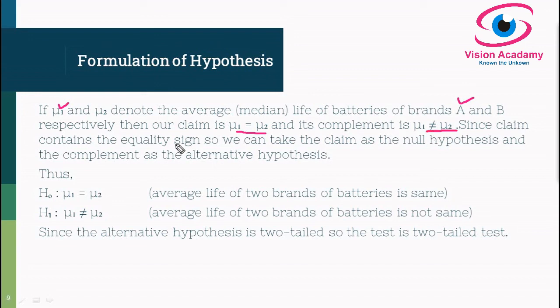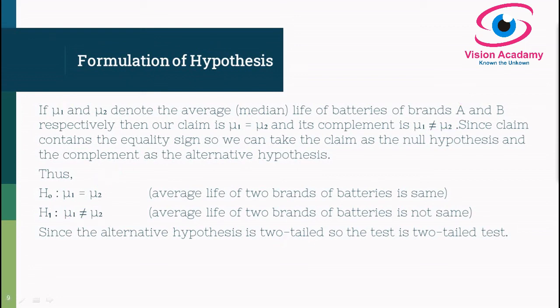Since the claim contains the equality sign, we take the claim as the null hypothesis and the complement as the alternative hypothesis. So the null hypothesis is mu1 equals mu2, which means the average life of the two brands is the same, and the alternative hypothesis is that the average life is not the same. This is the case of a two-tailed test.